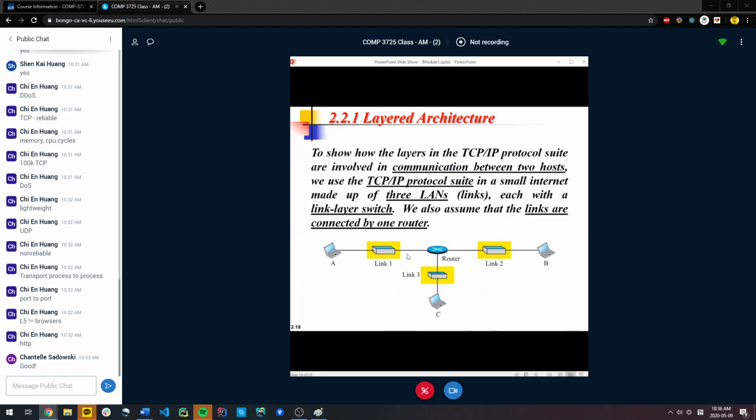Within each network, there's usually a link device, which we call a switch. The switch is really nothing more than a USB hub. It essentially means I could have users A1, A2, A3, A4 within network 1, and I'm going to connect everybody onto the same piece of copper through a switch, so that everybody can communicate with each other. It could be wireless, it could be wired; it doesn't really matter.